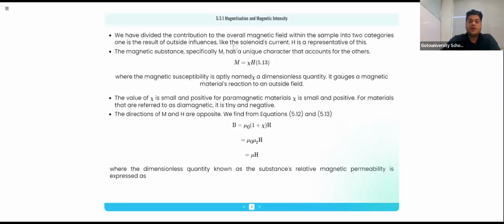Now, once again, we'll revise what things we have studied till now in this topic. The first thing was magnetization. What is magnetization? It is the ratio of net magnetic dipole moment to volume of material. And what about the magnetic field intensity H?